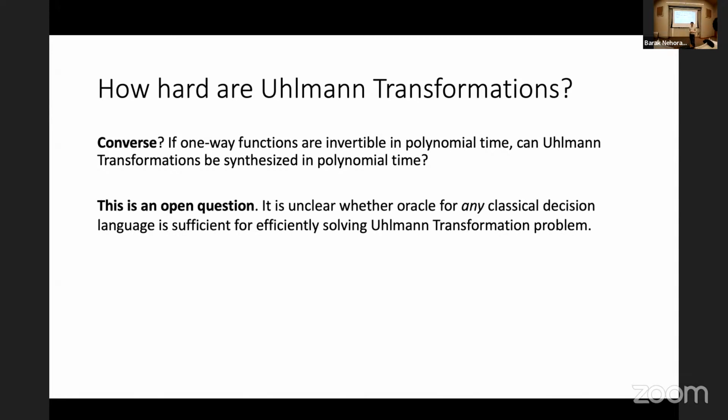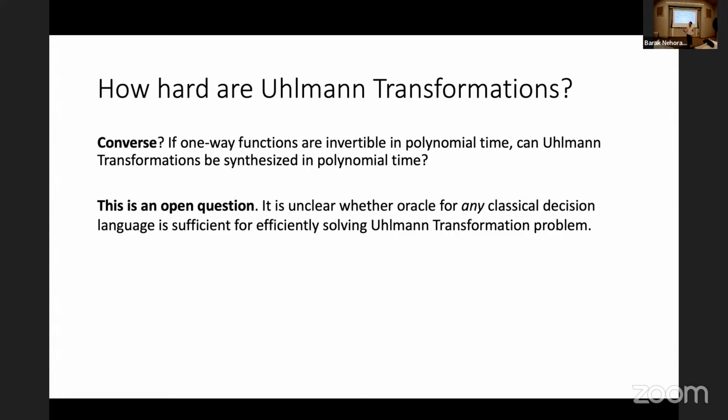And it's unclear whether having the ability to solve any classical decision problem is sufficient for efficiently solving the Uhlmann transformation problem. Imagine I gave you an oracle to solve the halting problem. It's not possible to solve the halting problem, but imagine that I gave you an oracle for solving it.